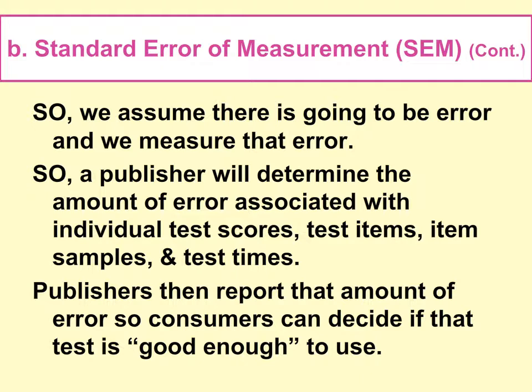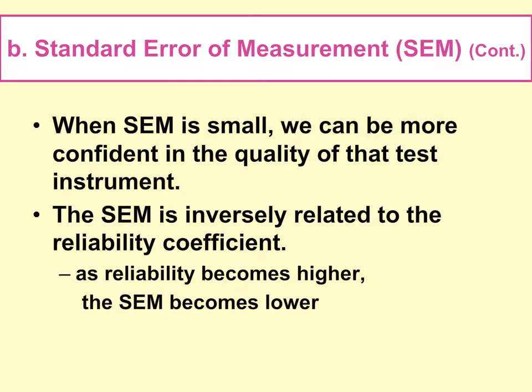Publishers then report the amount of error so consumers can decide if that test is good enough to use. When the SEM is small, we can be more confident in the quality of that test instrument. The SEM is inversely related to the reliability coefficient, which means as the reliability becomes higher, the SEM becomes lower.